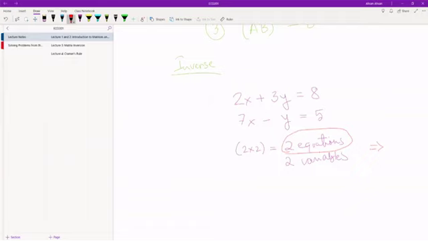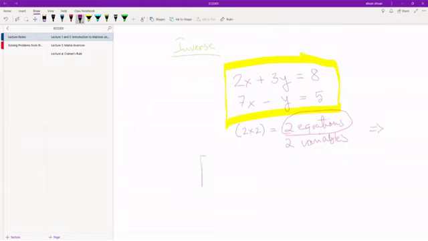The simultaneous methods and whatnot. So what we do is we take this system of equations and we convert it into the matrix form. The matrix form of this system of equations is the matrix [2, 3; 7, -1] multiplied by [x; y], which is equal to [8; 5].